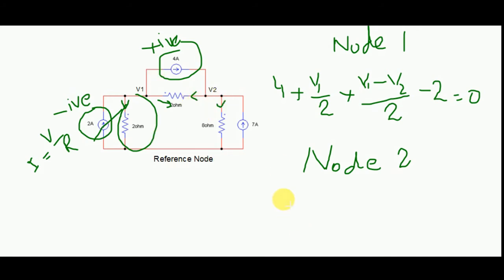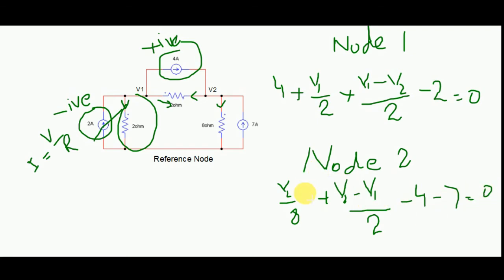Then the equation came as V2 by 8 plus (V2 minus V1) by 2 minus 4 minus 7 equal to 0.